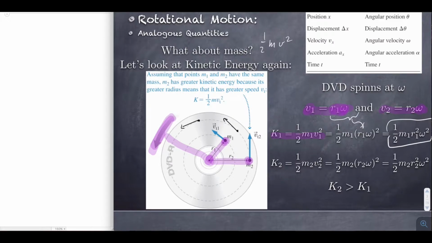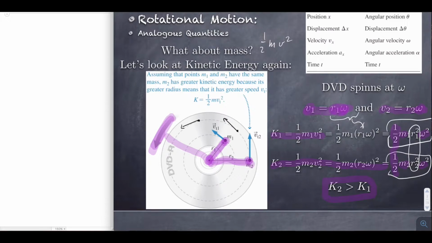And so now we do the same thing for K2 and we get it in terms of omega and r. Now keep in mind, remember, omega is the same. And we could pick equal masses, and of course the 1/2 is the same. So the only thing that differentiates these two right here are R1 and R2. And so if you look over here, R1 is smaller than R2, so obviously K2 must be bigger than K1.